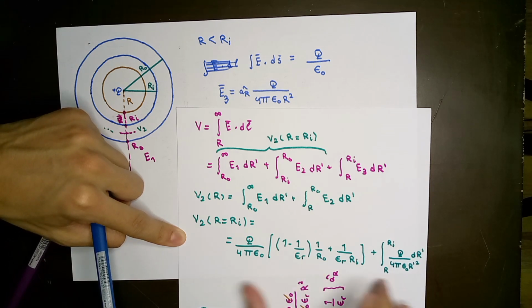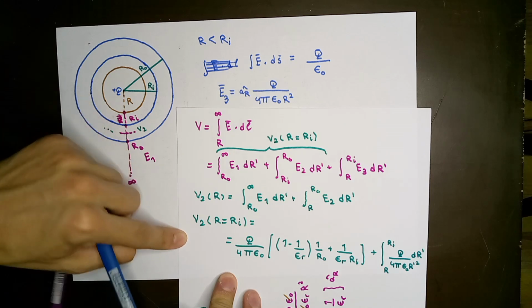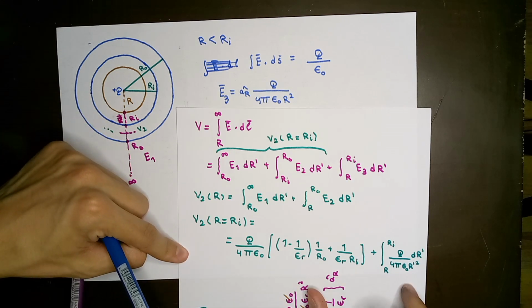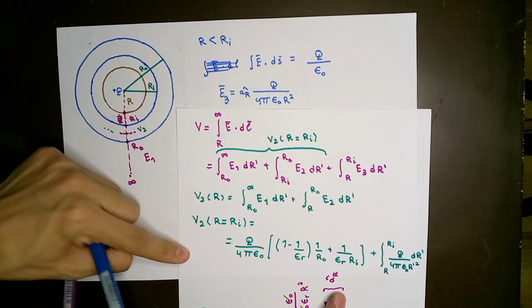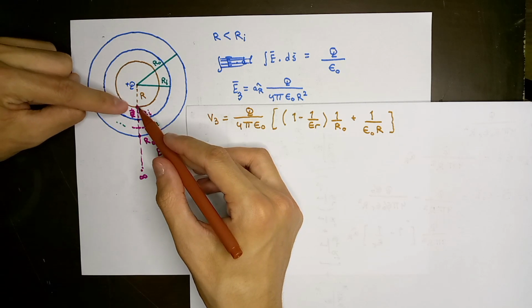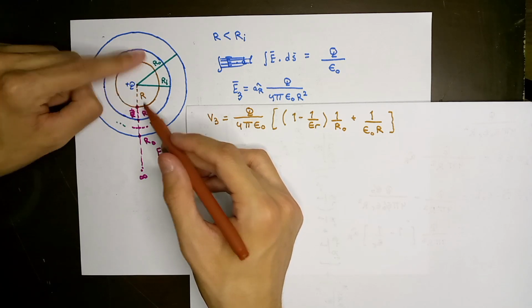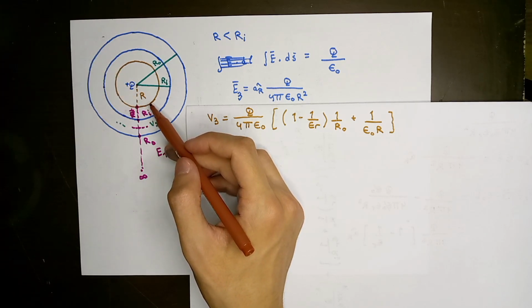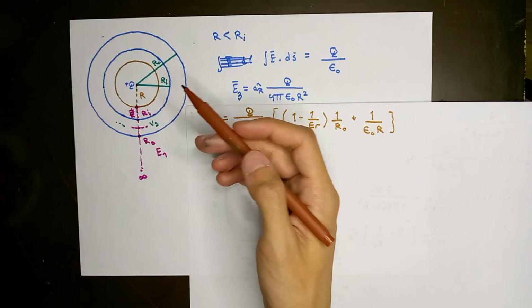I'm not going to waste your time with some basic monotonic algebra. You can do it yourself, and the final answer is going to be this, the formula of the electric potential for some point in the hollow region inside the dielectric shell.